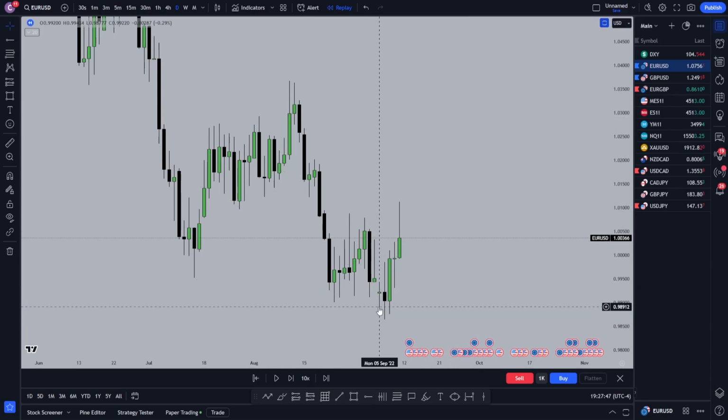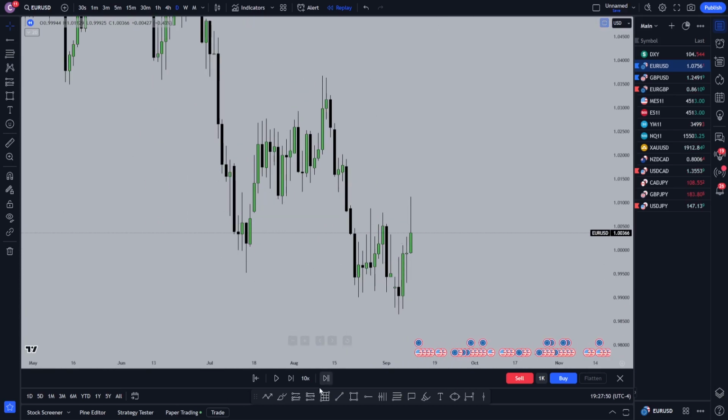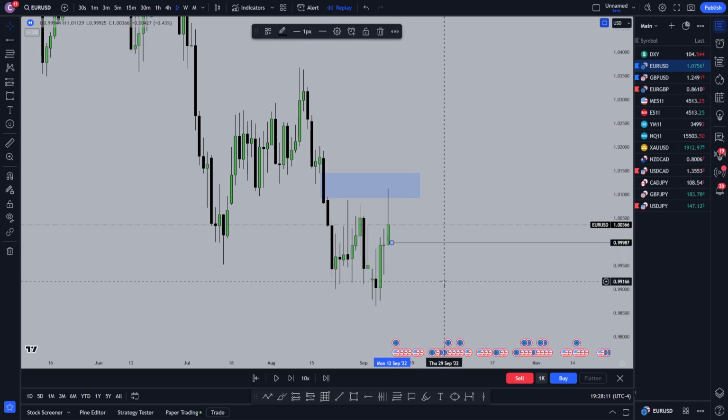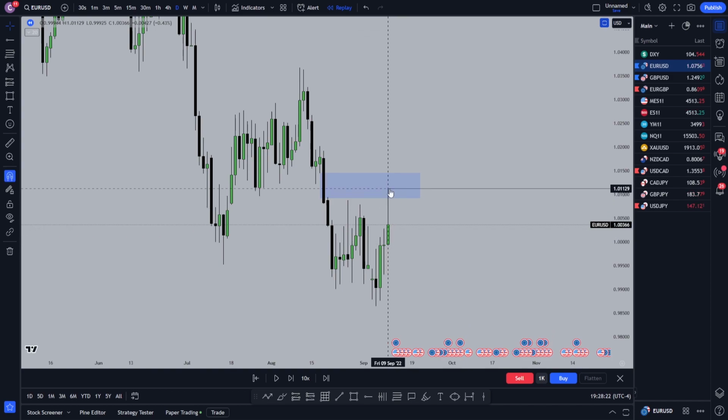What do we currently see? We see that price is in bearish order flow. Price has come into this fair value gap here. With this fair value gap, we're looking at this low right here to be our draw on liquidity, and this previous high.